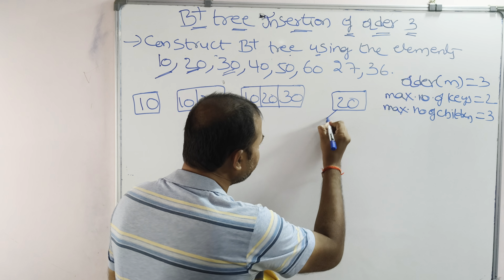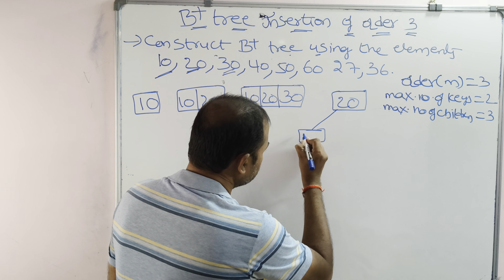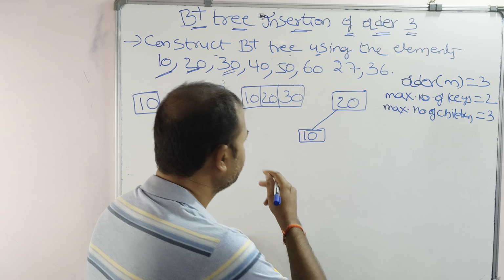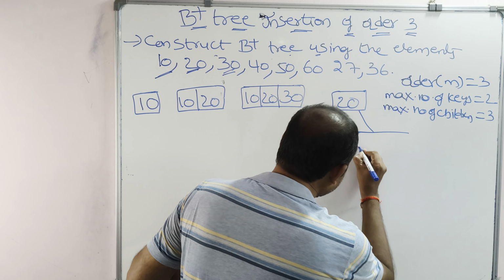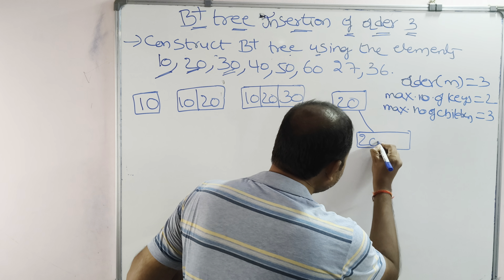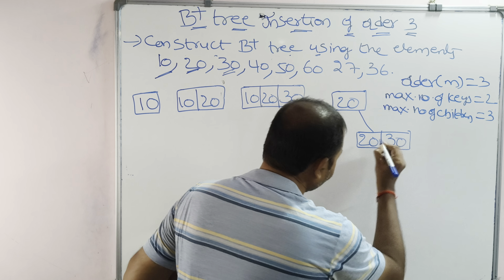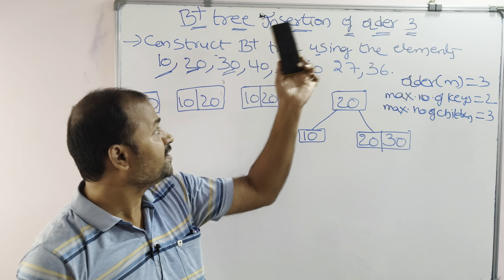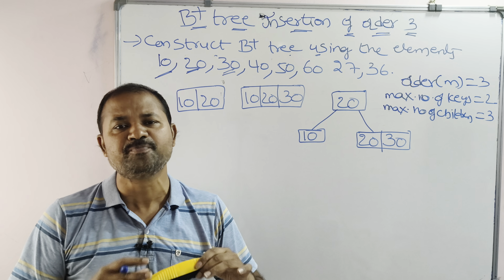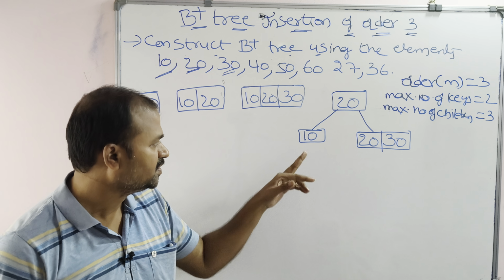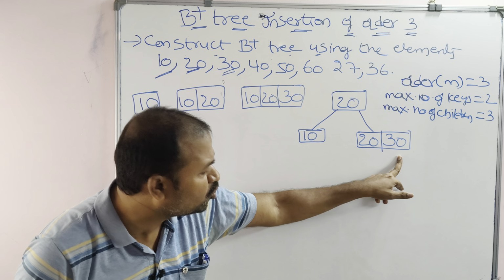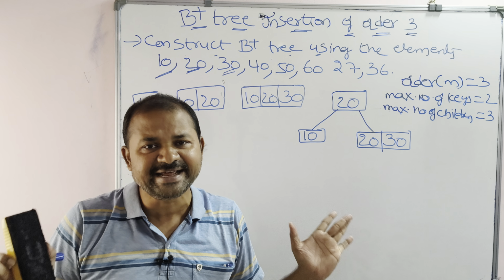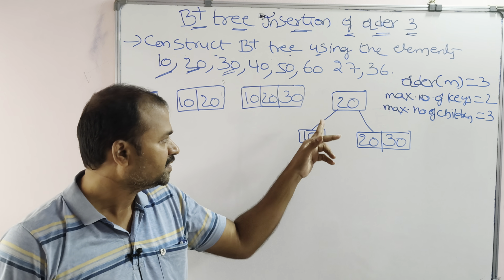Ten is less than 20. So store 10 here. Whereas the right leaf contains 20 as well as 30. One important property of B plus tree is that the leaf nodes will always contain key values.